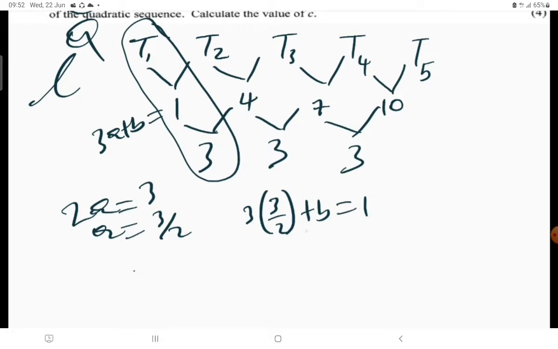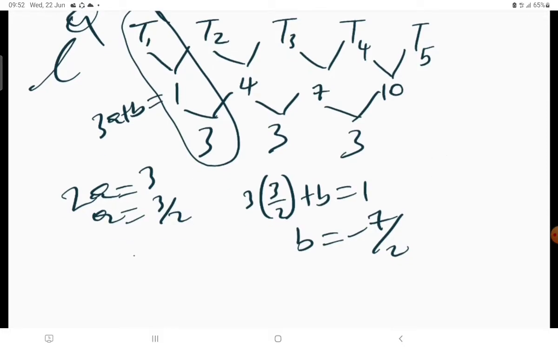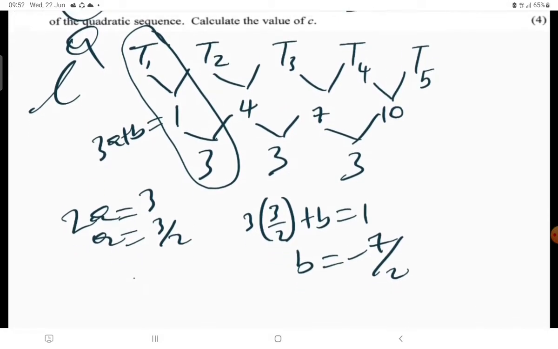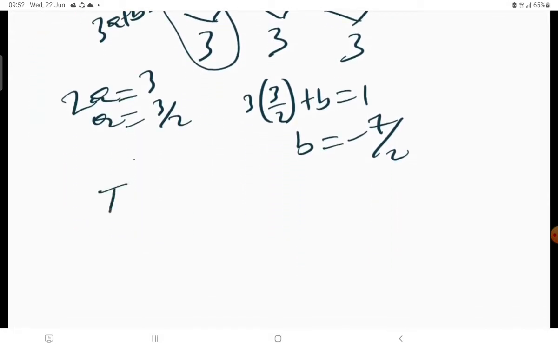Therefore B is equal to 1 minus 9 over 2, which gives us negative 7 over 2. Then we can talk about the value C. After having that, we have Tn equal to 3 over 2 n squared, minus 7 over 2 n, plus C.